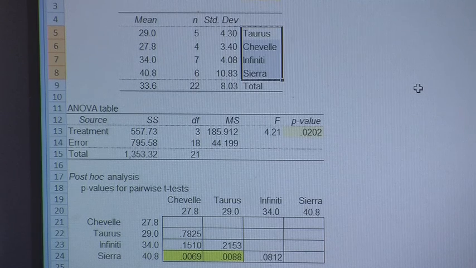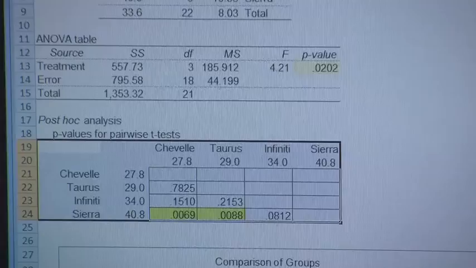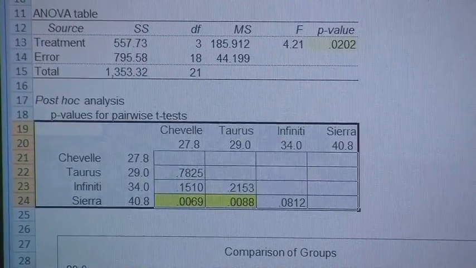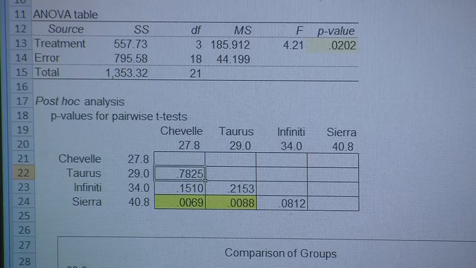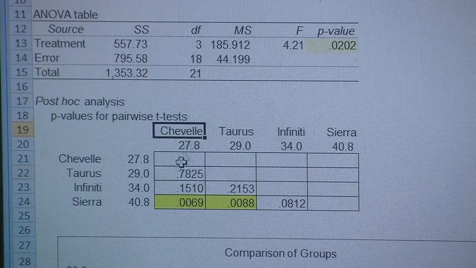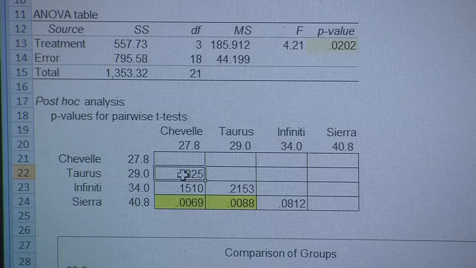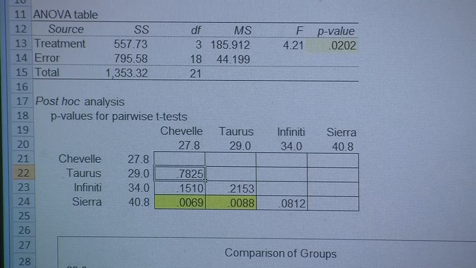But now our question becomes, okay, so they're not all equal, which ones differ? That's where we go down here to the p-table. If you'll recall, if we had run a difference of means test between the Chevelle and the Taurus, we would have gotten a p-value of 0.78, which means we don't reject our null hypothesis.